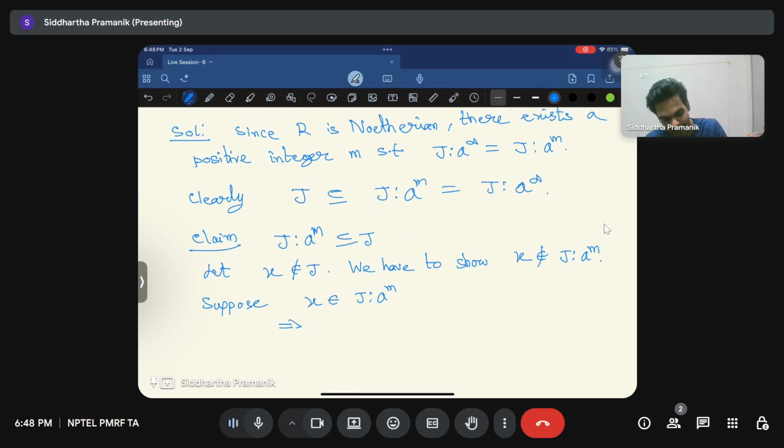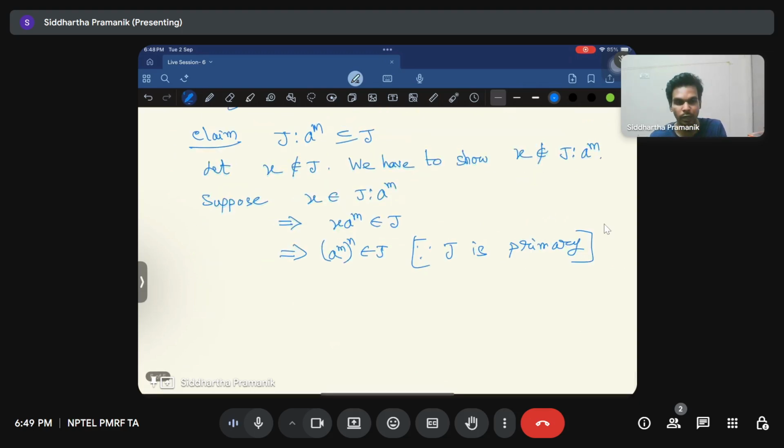This implies x times a power m belongs to J, but given x is not in J, so that will imply some power of a power m is in J. Because J is primary, we can say this.